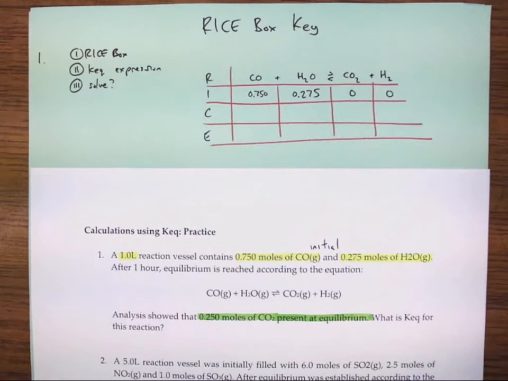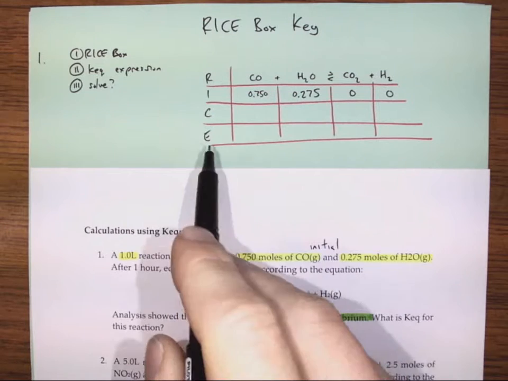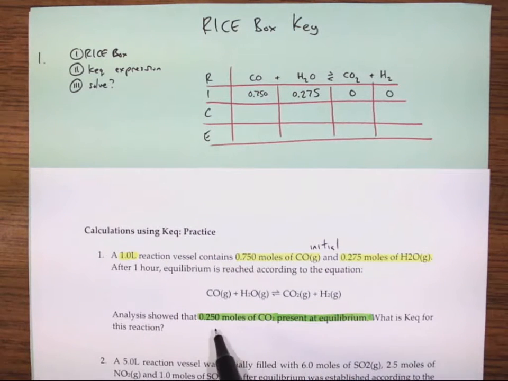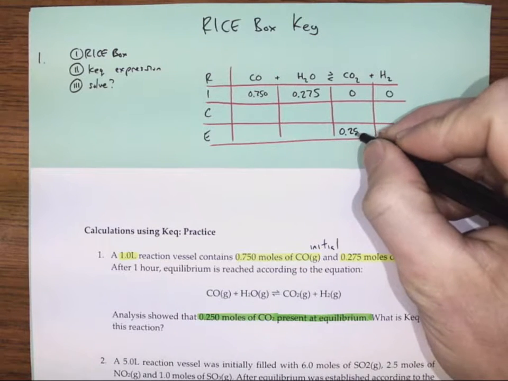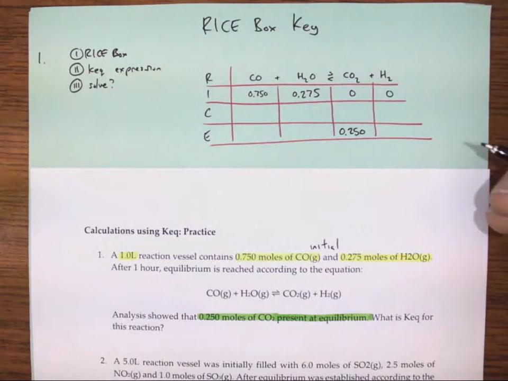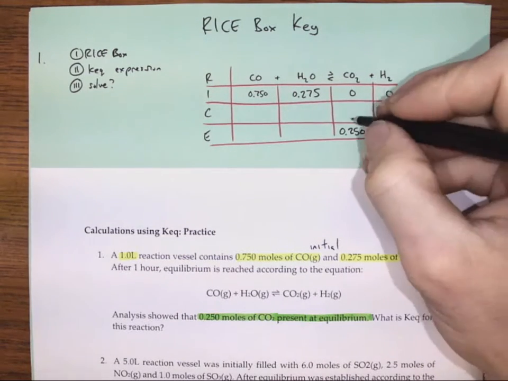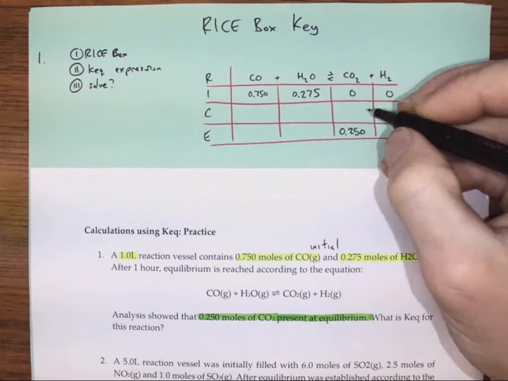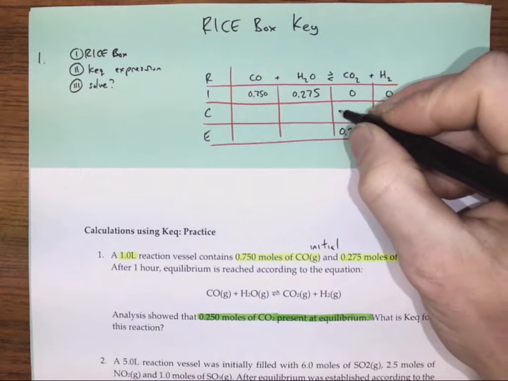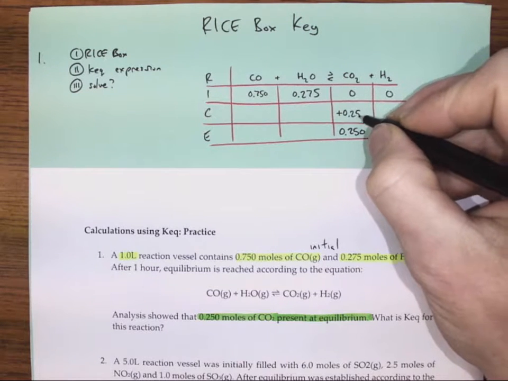All right, and then we know that at equilibrium, E for equilibrium, there's 0.250 moles per liter of carbon dioxide. And the question is, okay, how did things change? Well, in order to go from 0 moles of carbon dioxide for every liter to 1/4 mole, I must have added 1/4 mole.